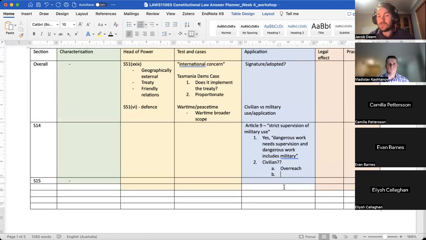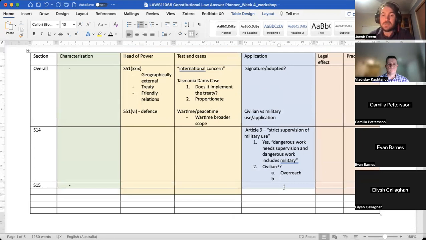It's not as strong an argument, I don't think, compared to the argument that this is an overreach. The treaty says nothing about civilian or commercial use, but if you were the Commonwealth, that's what you'd put forward.